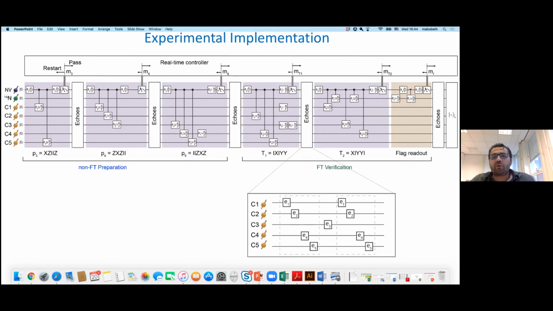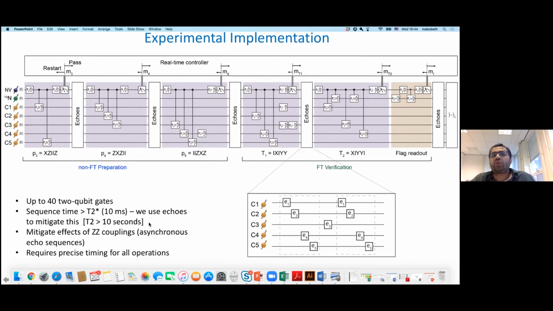Because of this large number of gates, the total sequence time is much longer than T2 star, which is around 10 milliseconds. So we have to use echoes to mitigate this decoherence, and with echoes, our T2 can be more than 10 seconds. We also need to mitigate the effects of the coupling, because these nuclear spins couple to each other. We do that by using asynchronous echo sequences, and this echo also requires precise timing of all the operations.